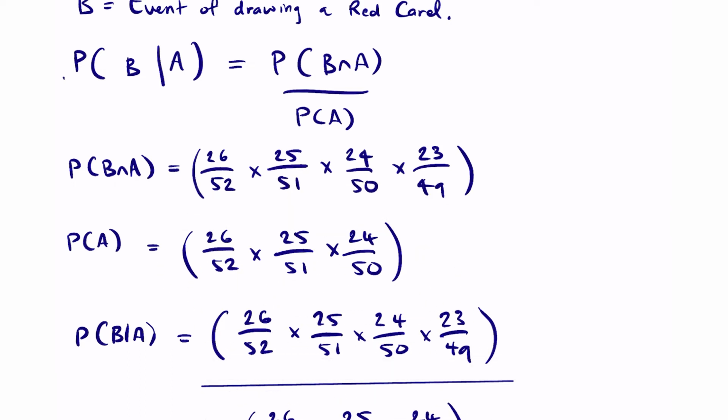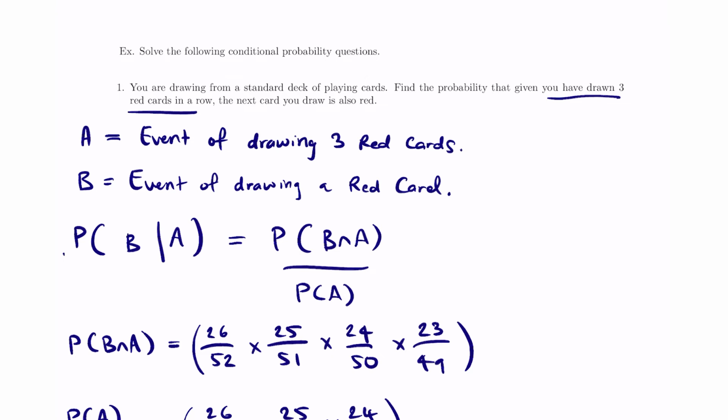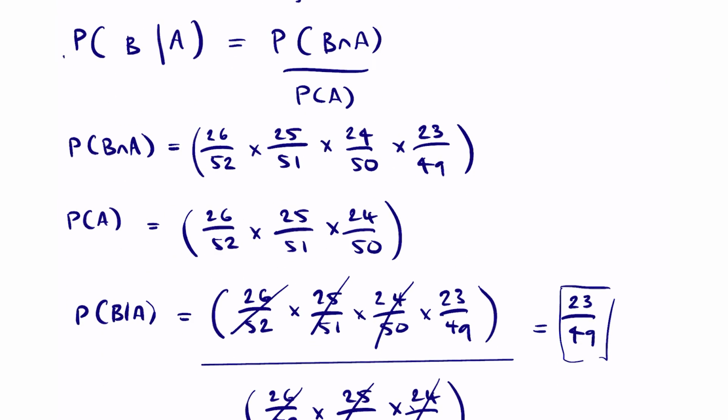Normally we'd put it in the calculator and solve it to find the answer. But in this case, we can do some quick manipulation, because we can see that this term is going to cancel here, this term is going to cancel here, and this term is going to cancel here. And so the probability of B given A is 23 over 49. That is to say, given that I've already drawn 3 red cards, the probability of drawing another red card is 23 over 49. And that does logically make sense, right?